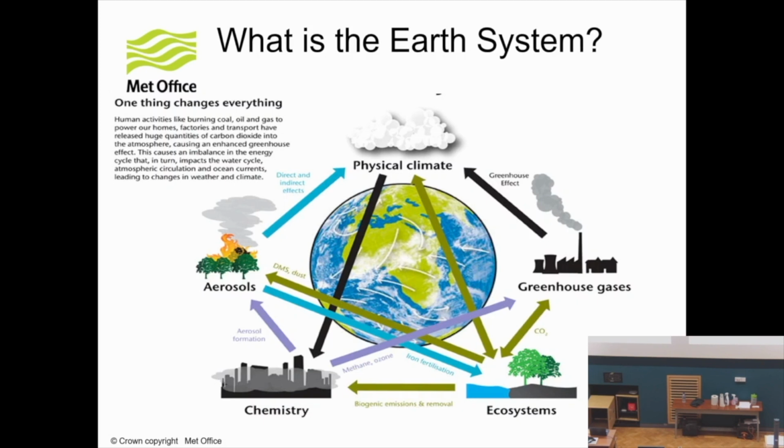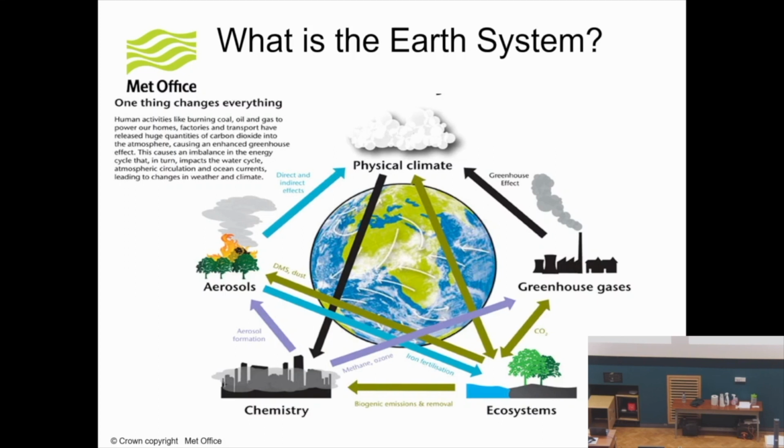So effectively the Earth system is made up of a number of spheres like the atmosphere, the hydrosphere, the biosphere and the geosphere, and it's considered a system because each of those spheres is interacting with the other spheres. It includes the cycles in relation to nutrients like carbon and nitrogen and how they exchange across the different spheres. But it also includes aspects like the hydrological cycle and deep earth processes.